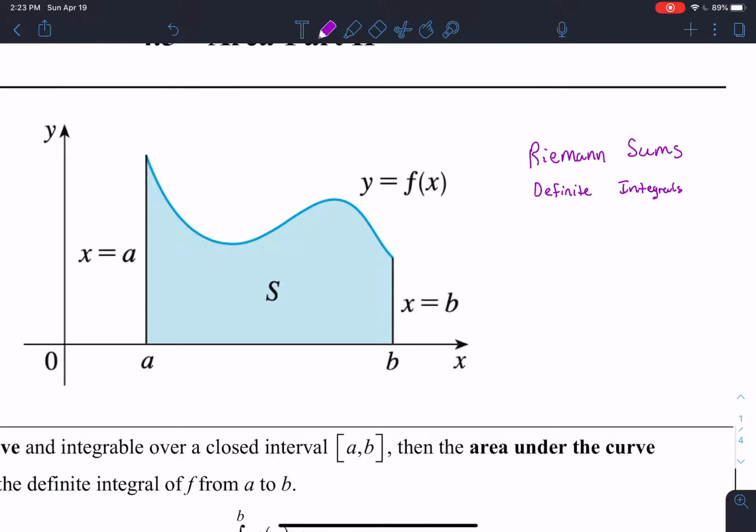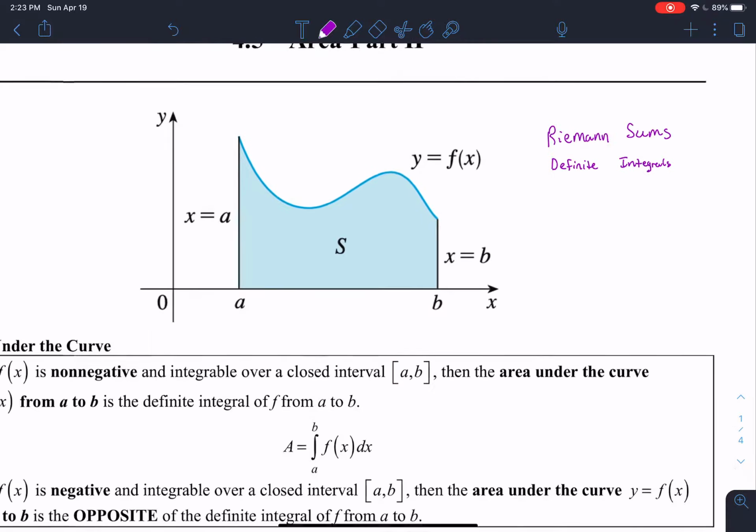Now in order to find the area, you would need to have an equation. Then you have to find the antiderivative, and then you go from one point to the next one. But you're not always going to have an equation in front of you. Sometimes you're going to have a picture where you need to figure out the area from that.